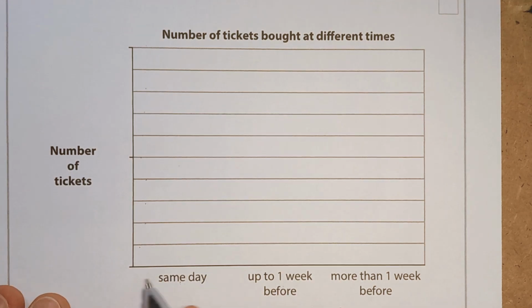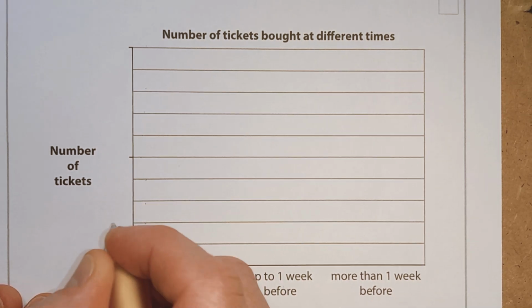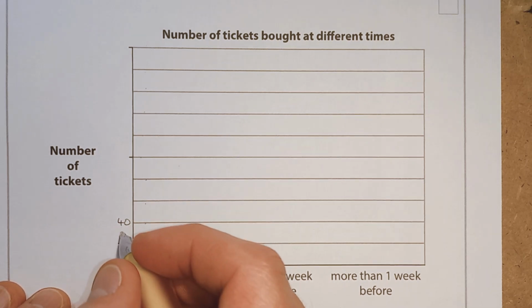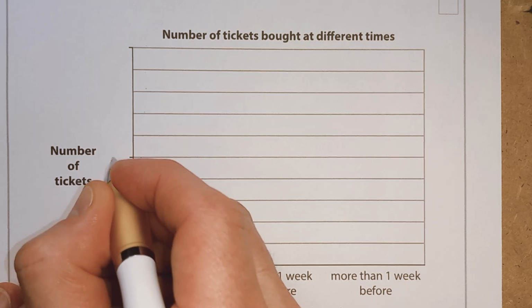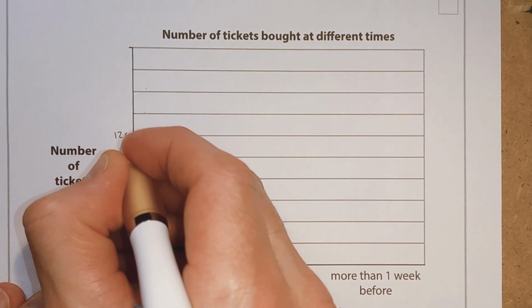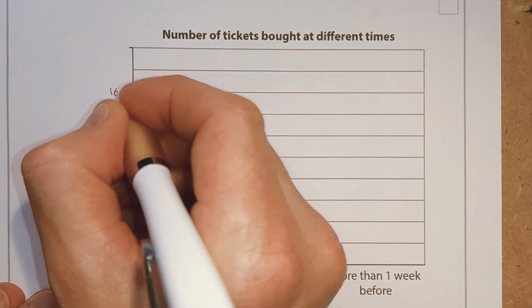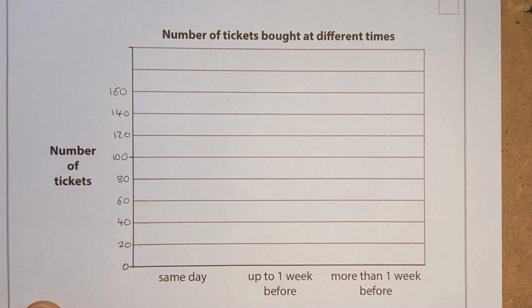But you'll notice that in lots of the graphs we've done so far, we've been counting in 20s on our graphs. So 0, 20, 40, and you can use a calculator if you want to help you with this. 60, 80, 100. So if we keep going, we'd have 120, 140, 160, and that's fine. We need to get up to 160. We don't need to go beyond that.